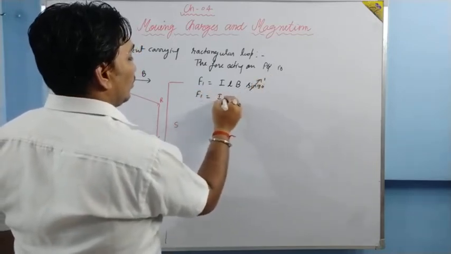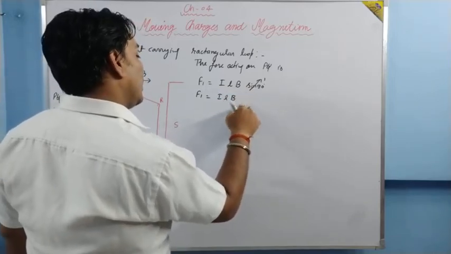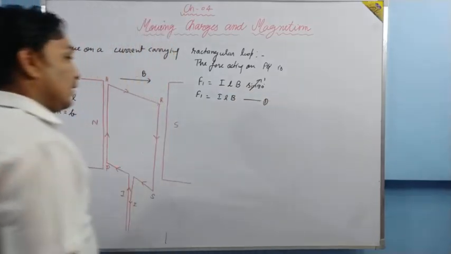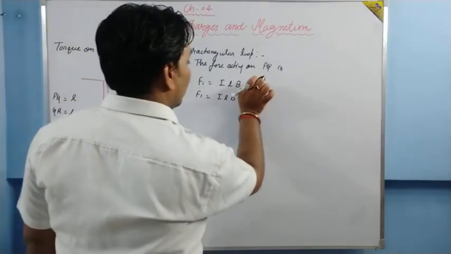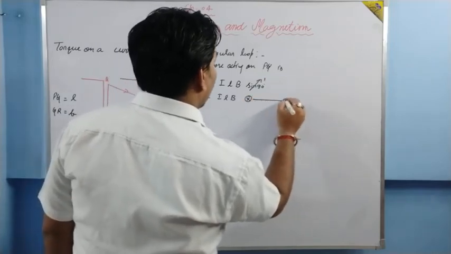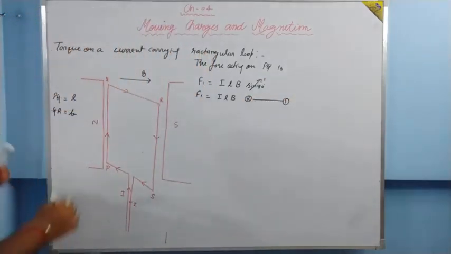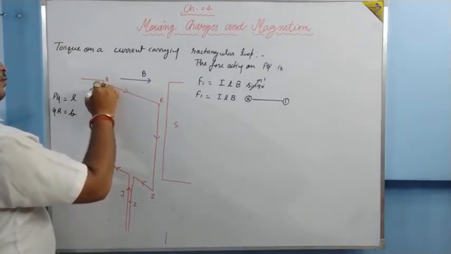Value of F1 is equal to ILB. That's it, equation 1. What will be its direction? Its direction is perpendicular inward. The force acting on PQ is perpendicular inward.